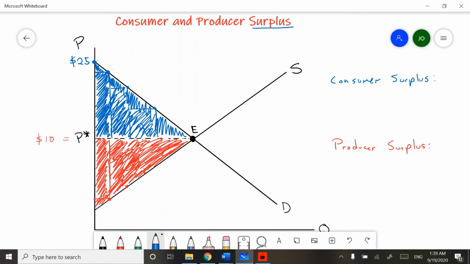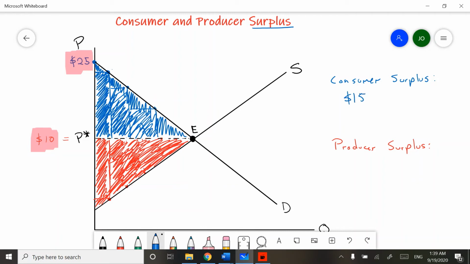So, what is the height of this triangle? Well, we take the 10 and the 25. So there's a difference of $15. So that's gonna be my height.